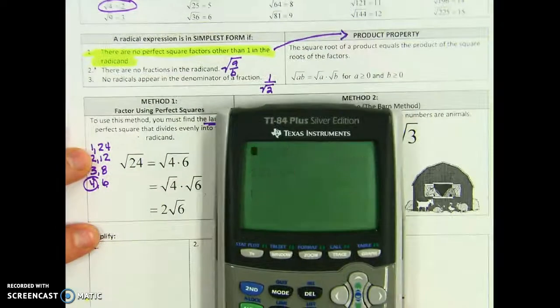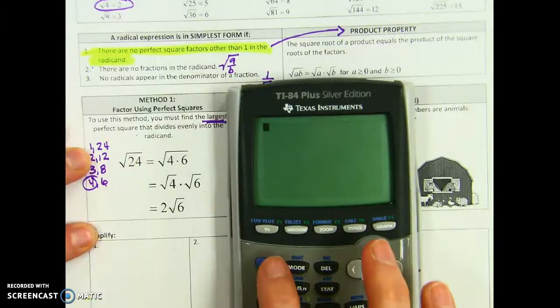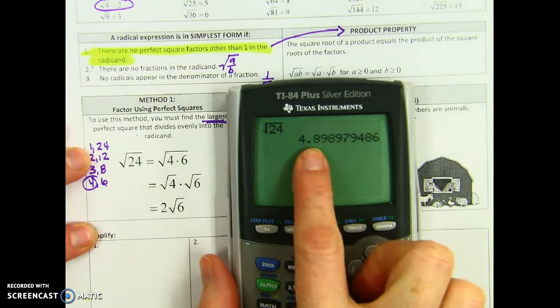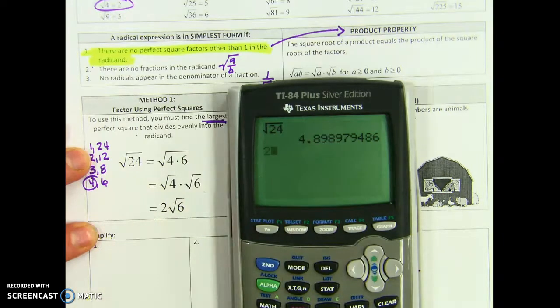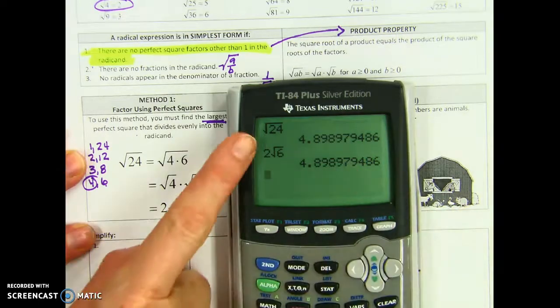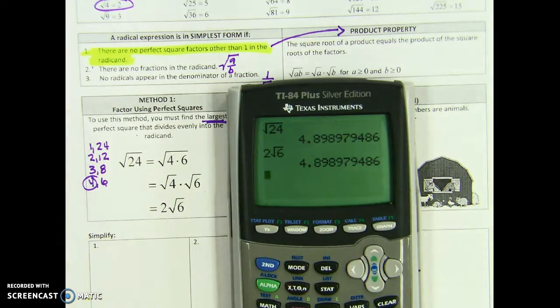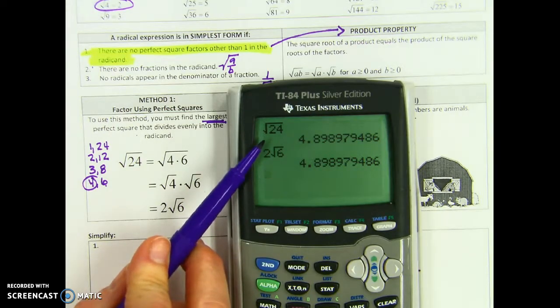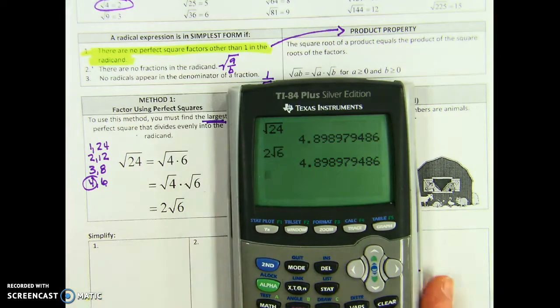When you use your calculator, we have the square root of 24 as this decimal. You can check your answer, 2 square root 6, and you will notice they are equivalent. So square root of 24 is considered unsimplified because it has a factor of 4, which is a perfect square, as the radicand.